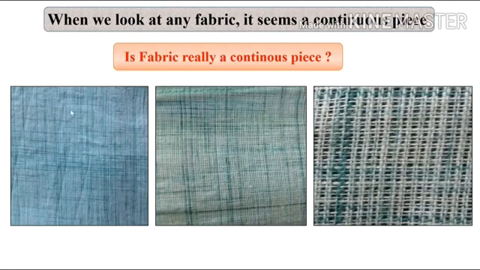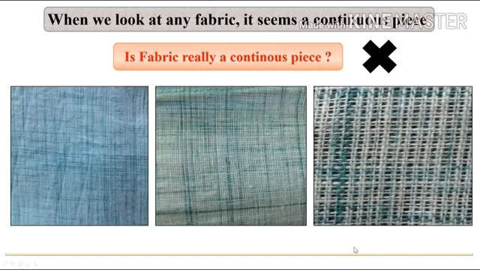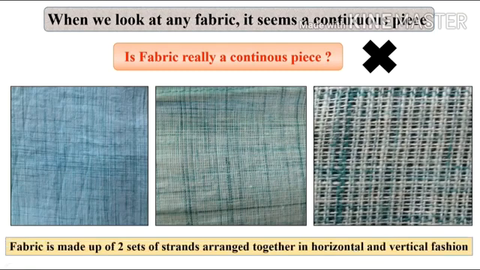When you zoom in on this particular fabric, you can see that it is not a continuous piece. Here you can see two strands arranged vertically and horizontally. The vertical and horizontal strands are known as yarns.